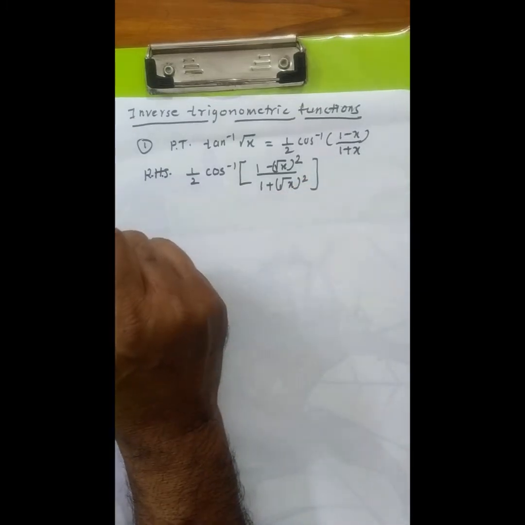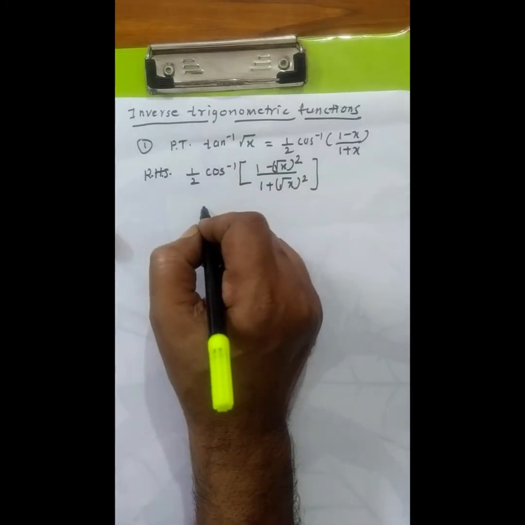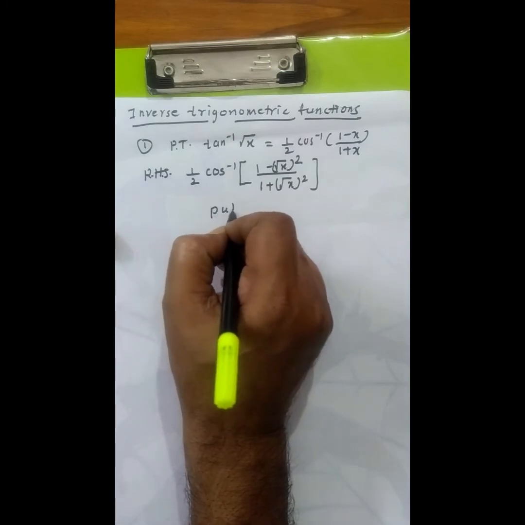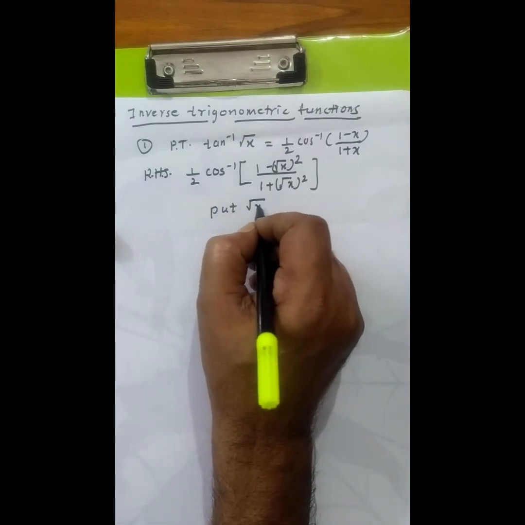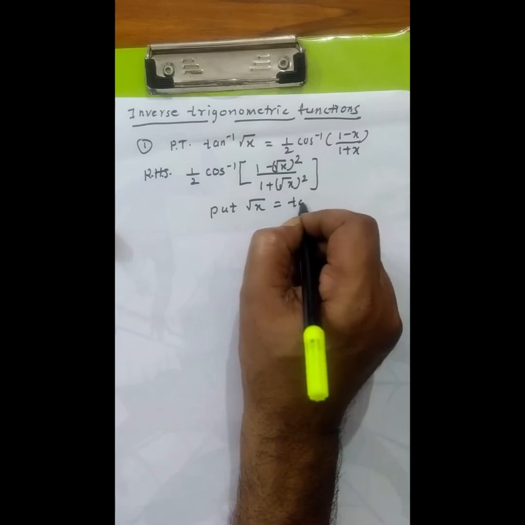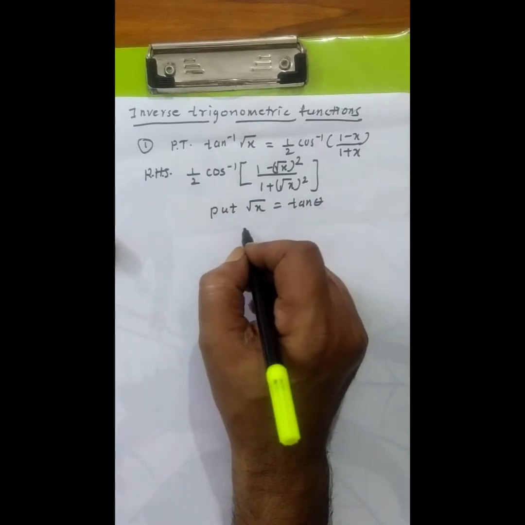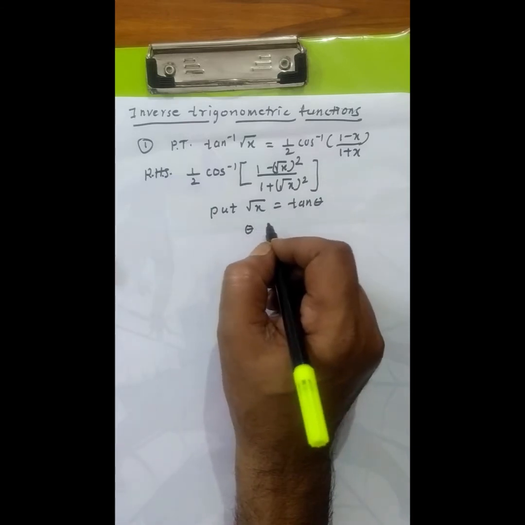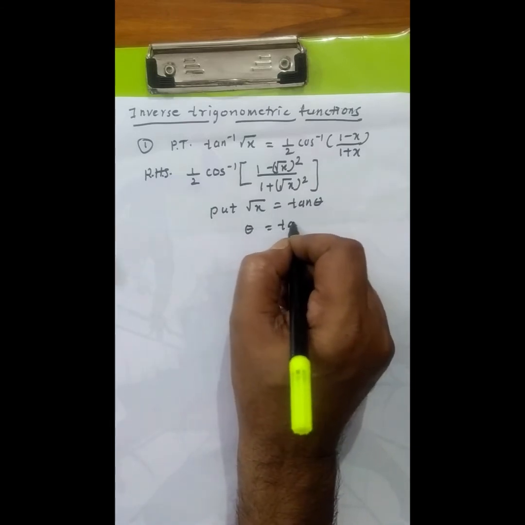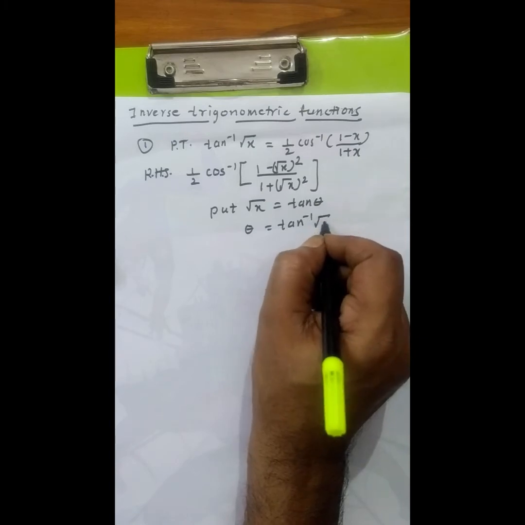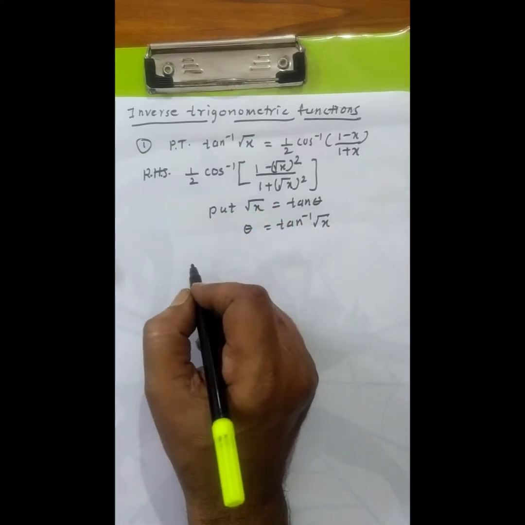So once I write root x whole square, I will put root x is equal to tan theta. So when we put root x is equal to tan theta, theta will be tan inverse of root x.